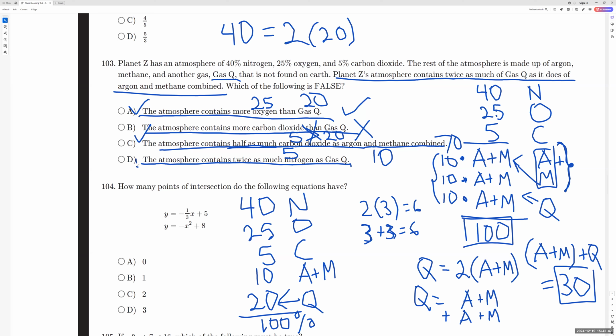So this is also true. 40 is equal to 2 times 20, which is 40. So all of them are true except for one, which is false, which is B. B is the one that is false. However, they're looking for the first, so the one we're going to mark on the test would be B.